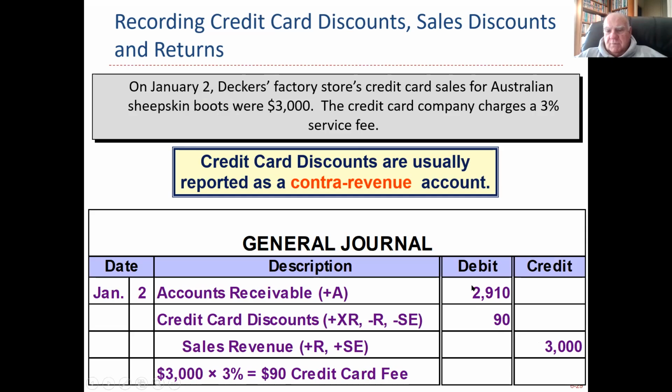So the cash they received is $2,910. Your book is showing accounts receivable. It's really not. It's cash. Accounts receivable is not really the right term there. You maybe call it credit card receivable, but the cash is transferred so quickly. It's cash. That $2,910 debit cash.